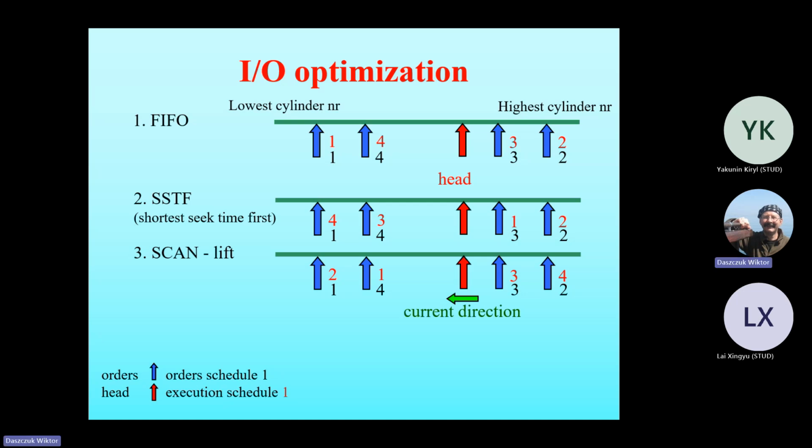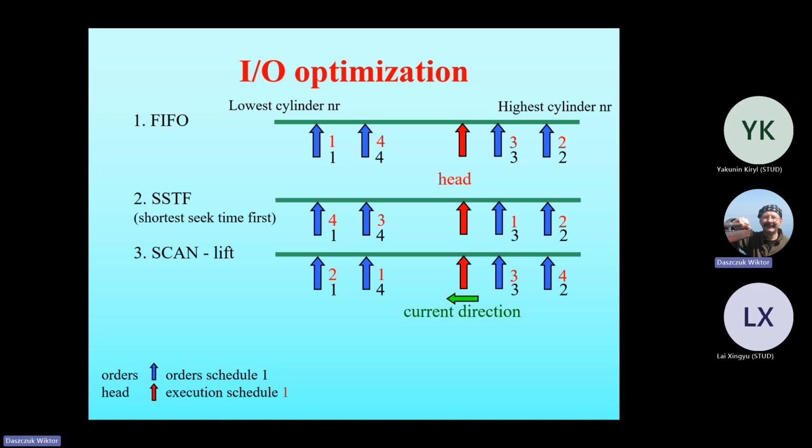If the current direction is to the left, it's to lower cylinder numbers. We realize the nearest transmission in the current direction. So this is first, this is second. Here the head changes direction because it's the last to the lower addresses, and we realize 3 and 4. It's more fair, but still the middle of the disk is preferred because we realize the transmissions in both directions.